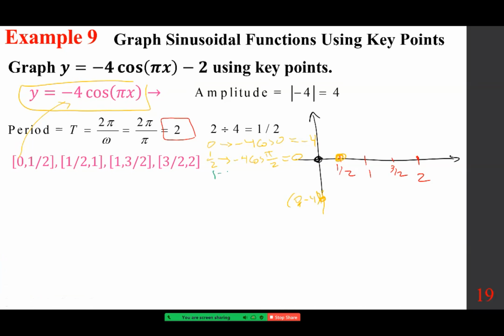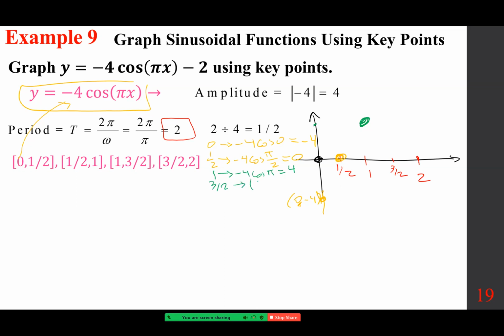If I plug in 1, I get -4. Cosine of pi is -1 times -4 makes it +4. So let's assume this is 4. So I'm here. And you can continue with these dots. If you plug in 3/2, you get -4 cosine of 3/2 pi, which is 0.